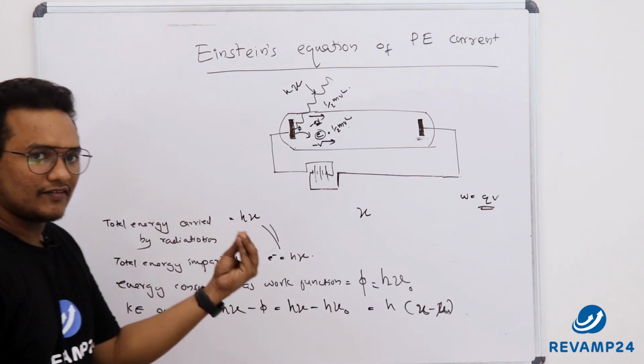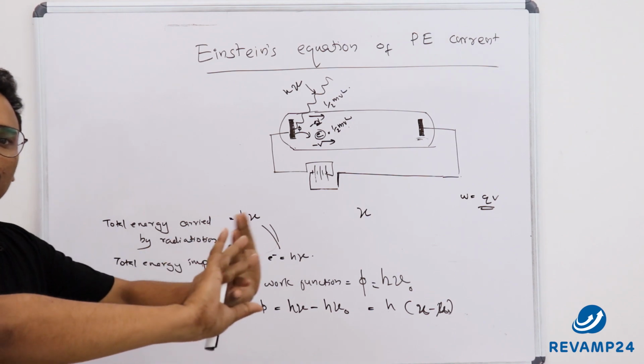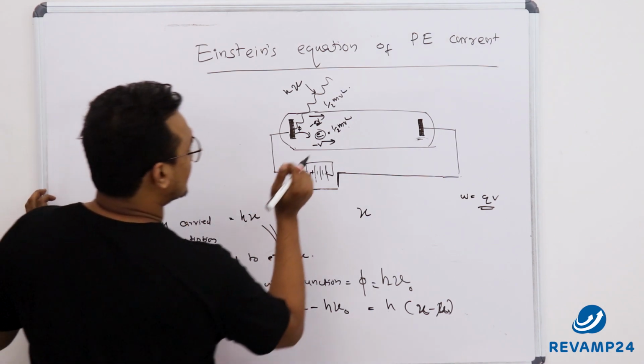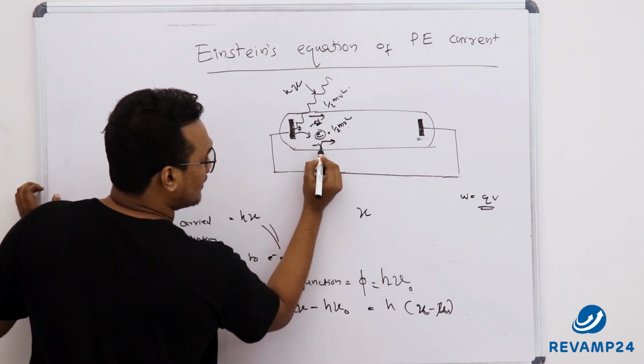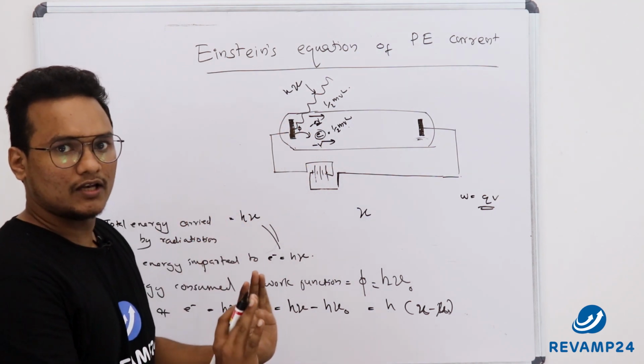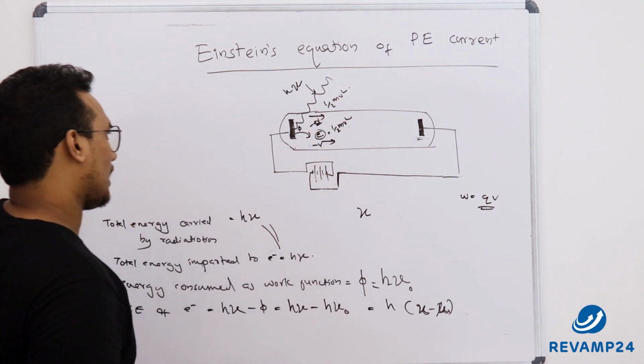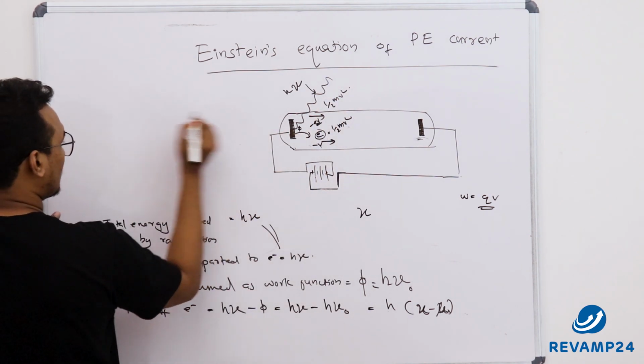If it has energy, then only it can move, right? If the net energy is 0, it can't move. So let's assume the potential is such that eV becomes equal to half mv square. I will repeat: what will be the total energy here?